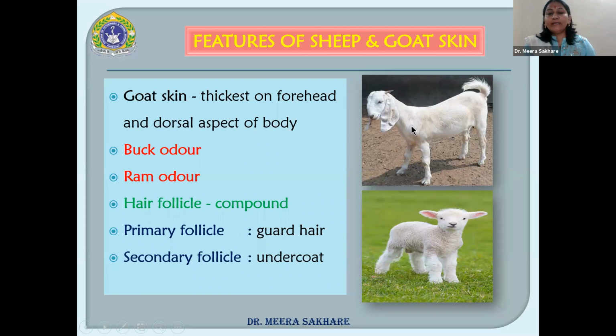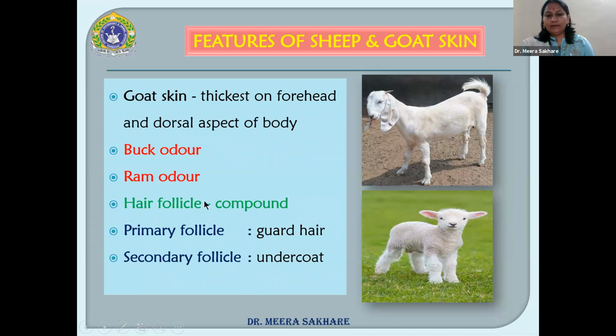The buck odor is due to secretory glands at the base or medial aspect of the horn, which synthesize lipid or cholesterol-like substances that give the typical odor to the goat. In the ram, the medial canthus of the eye secretes some substances which give a typical odor, which is helpful in reproduction as well as giving a typical smell to the skin of sheep and goat.